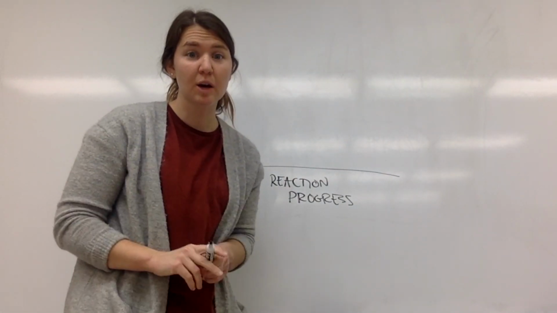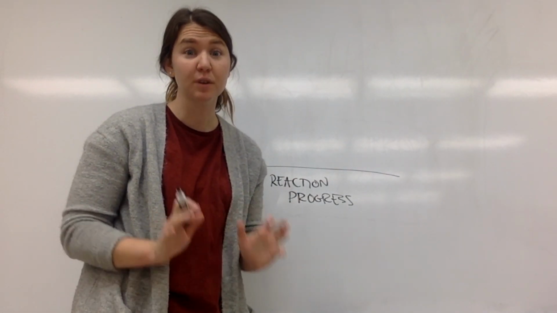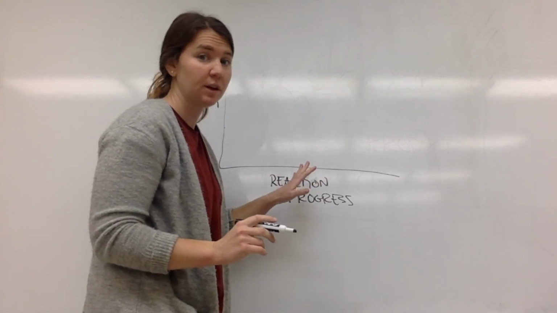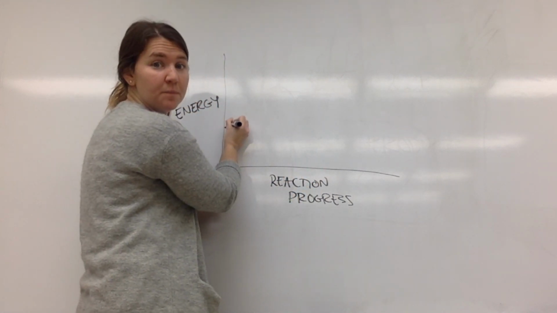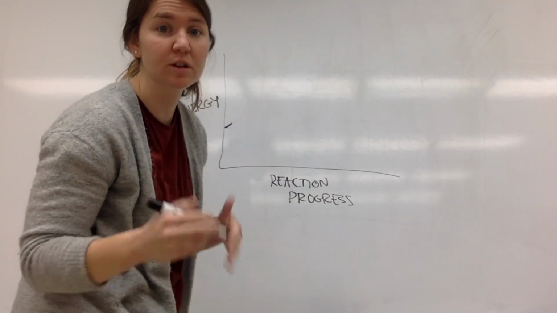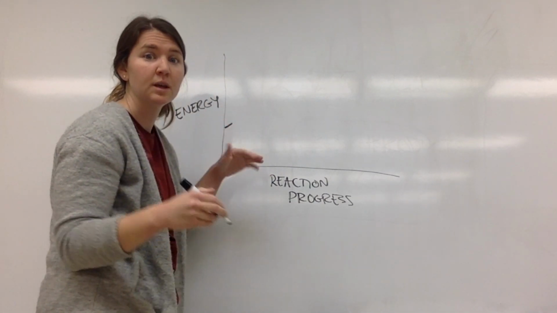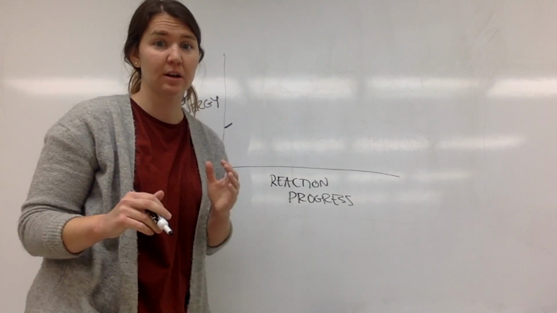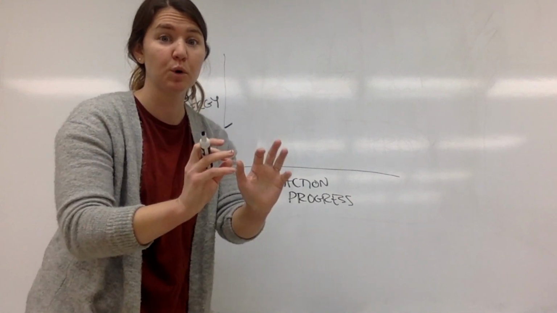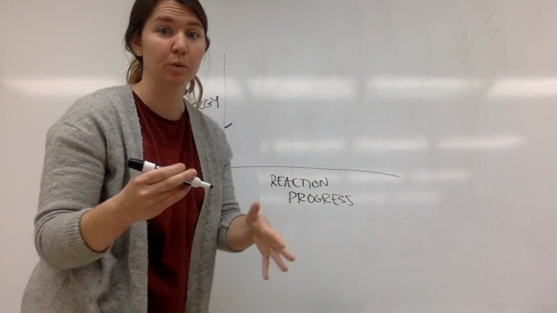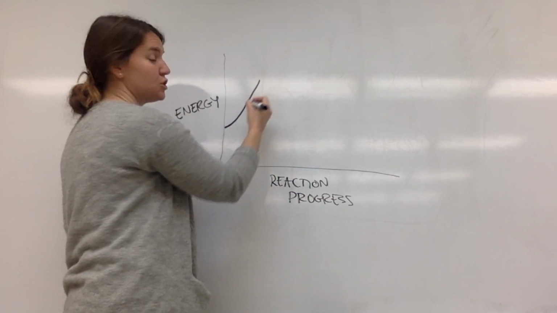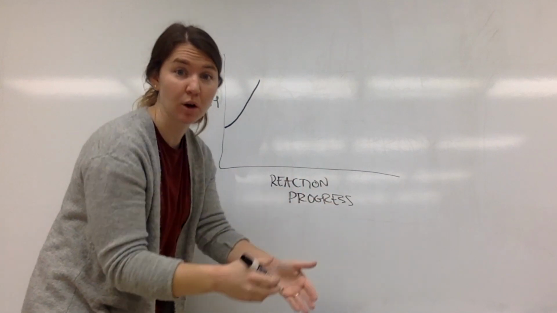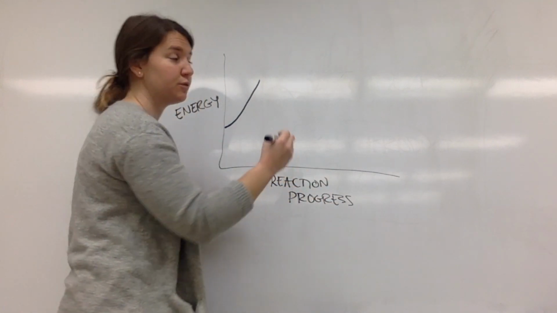Alright, so since we're going to talk about reactions that release energy first, here's what these would look like on a graph, okay? They'll start at some amount of energy, but there's that activation energy that has to be input for a reaction to move forward. So that looks like a hill on this graph. There's a certain amount of energy that has to be overcome for the reaction to go forward.